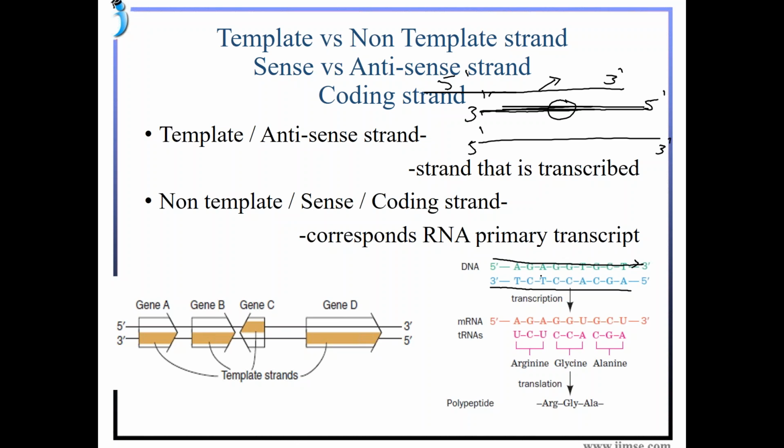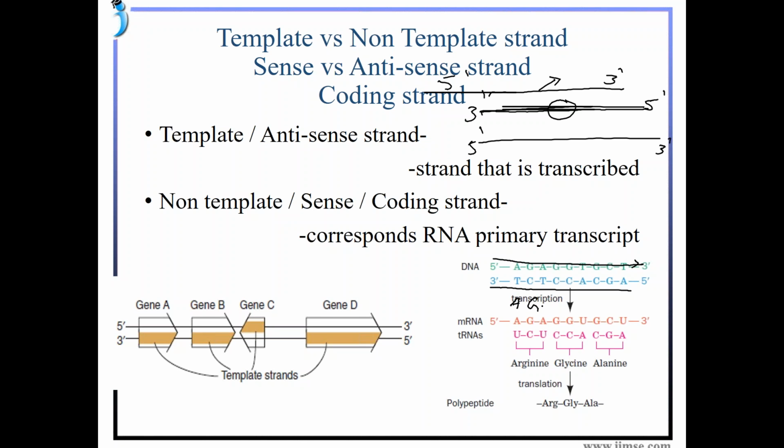This follows Watson-Crick base pairing. One second, I'll draw a strand. If this is a duplex, what will be opposite here?